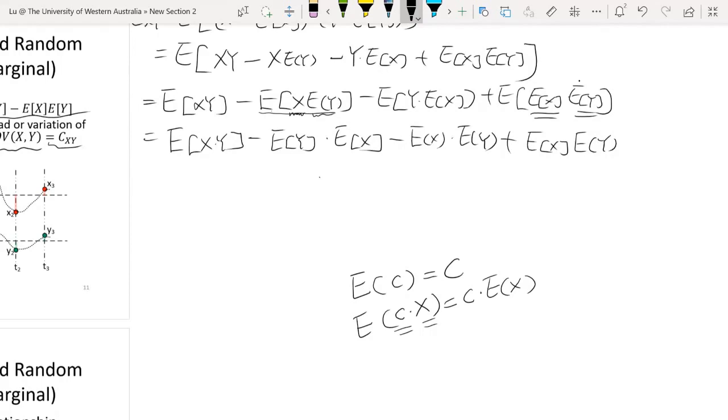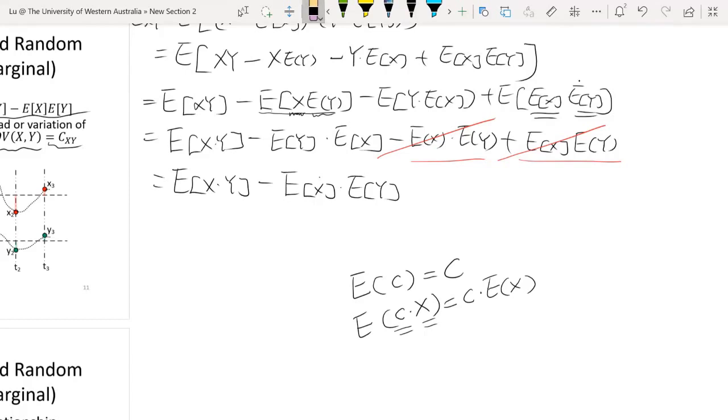Next step, we simplify the equation by canceling some common terms. For example, this term and this term have the same items inside but different signs, so we cancel these two. And then the result is changed to EX by Y minus EX EY.